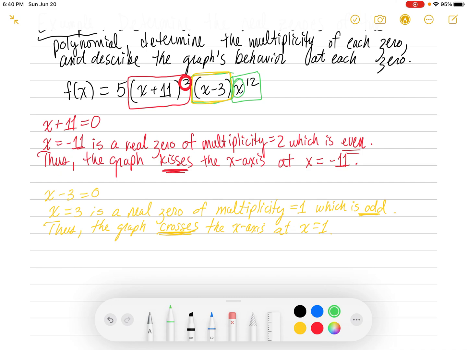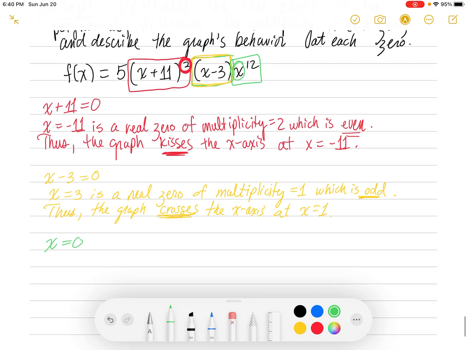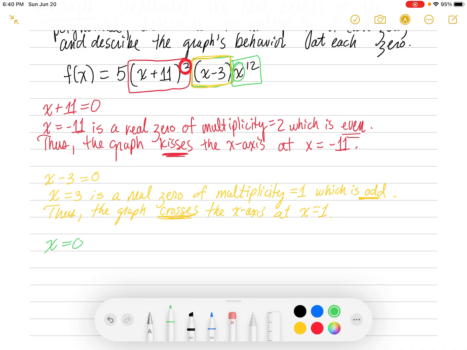And finally, going to the green, we look at the factor of x. X equals 0. Now we don't have to add or subtract anything from that, so we're done. X equals 0 is a real 0 of multiplicity. What's the multiplicity? If you look at the exponent up here, I'm going to circle that.